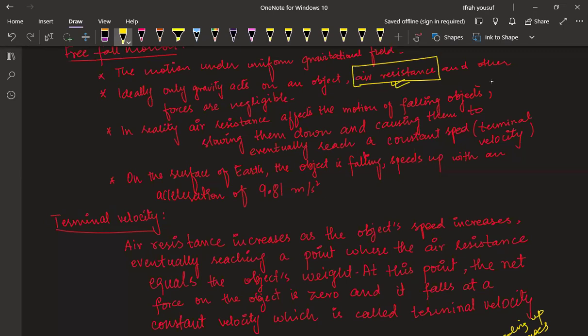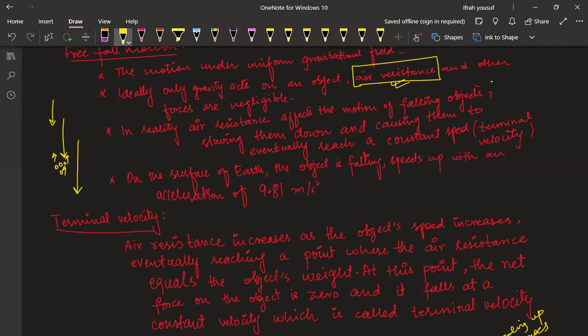But when we talk about air resistance, about air particles, different sizes of objects will have different speeds. When the object is speeding up, coming down towards the earth, more air particles are going to strike on it.